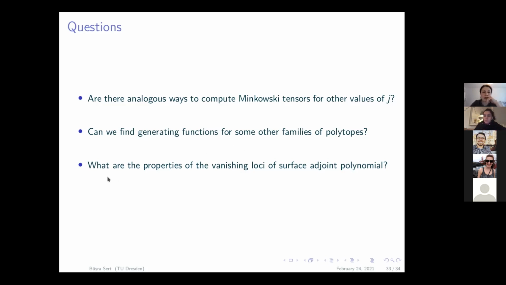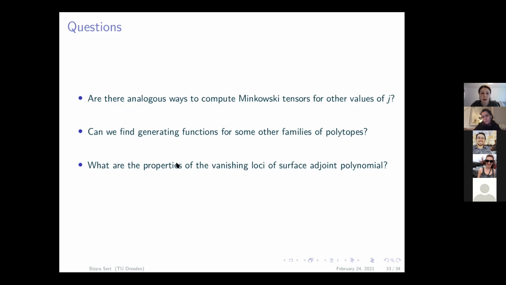And another question is, what are the properties of the vanishing loci of the surface adjoint polynomial we defined? I mentioned that in the case of volume tensors, this adjoint polynomial is actually important, and when we consider those non-phase arrangements in the projective space, then it's actually a unique polynomial, and it gives a parameterization for some varieties.